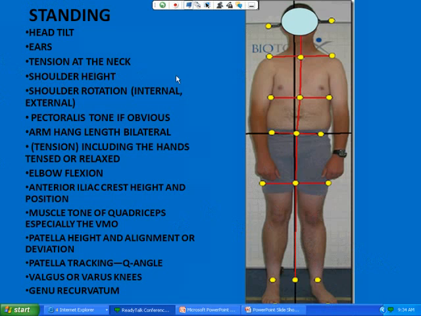I want to look at the tension at the neck. Now, you can see here that on the right side, the right shoulder seems to be a little lower than the left shoulder, okay? The shoulder drops. It's looking like the left leg may actually be functioning slightly higher than the right leg.